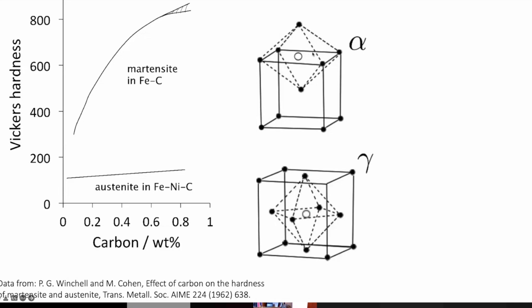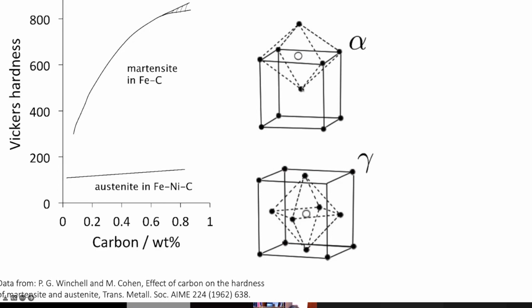On the other hand, in ferrite, this similar octahedron is actually squashed along this direction. So this length here is the same as the edge length of the unit cell, but this and this are √2 times the edge length. So there's much more space in these two directions than in this direction.